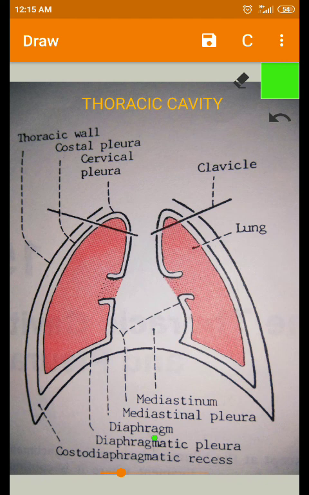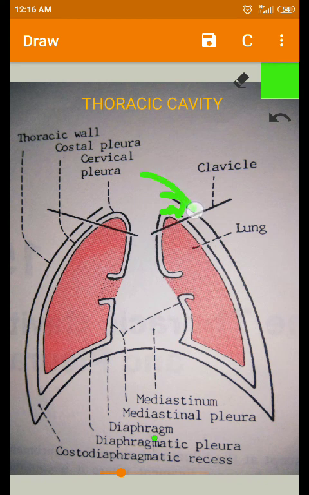This is the diaphragm, the membrane separating the neck and the thorax. This part is related anteriorly to the subclavian artery and the scalenus anterior muscle, whereas posteriorly it is related to the neck of the first rib and the structures lying over it.